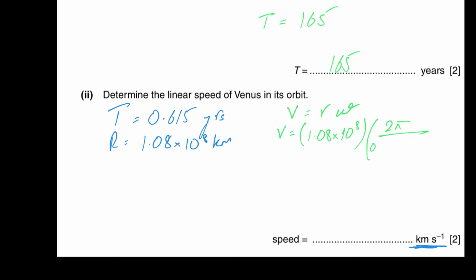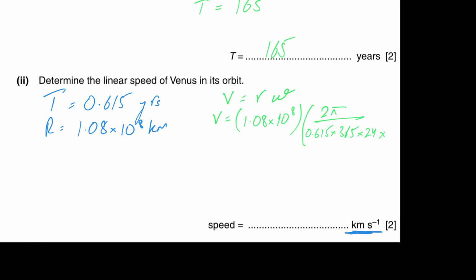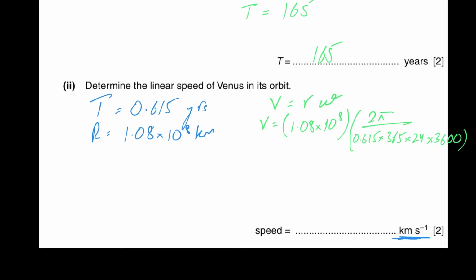So we've got 0.615, but this is in years, so we've got 365 days in a year multiplied by 24 hours in one day multiplied by 3600 to get the answer in seconds. This will give us a value for velocity as 35 kilometers per second. This here is the solution to the first question.